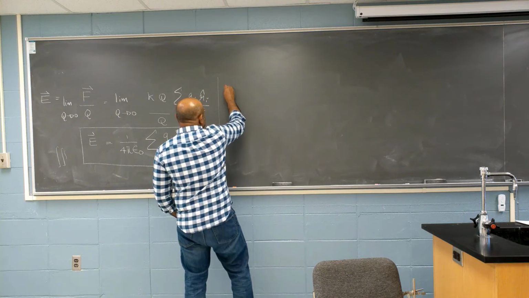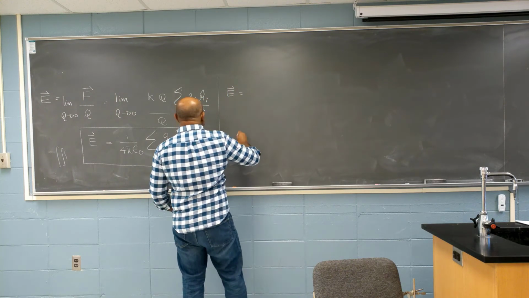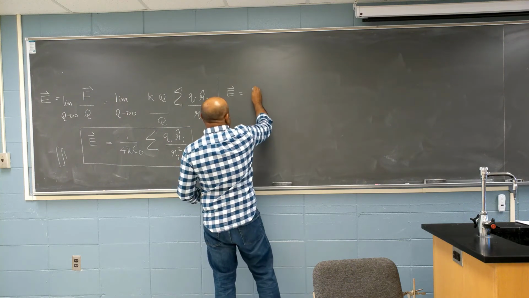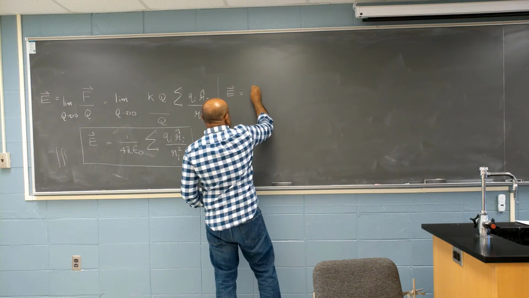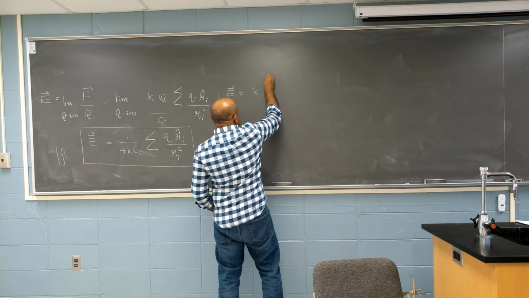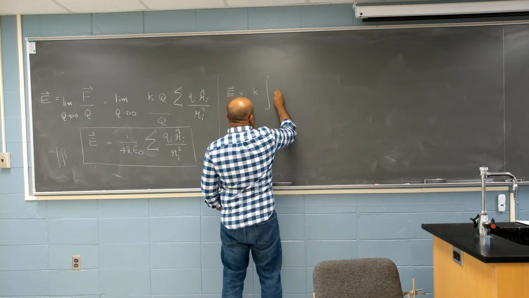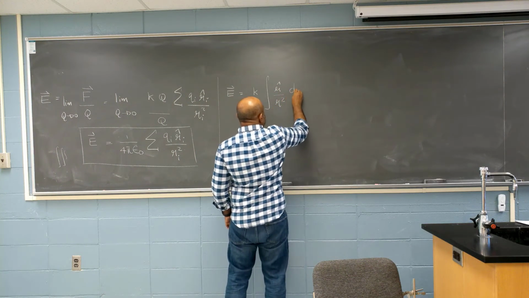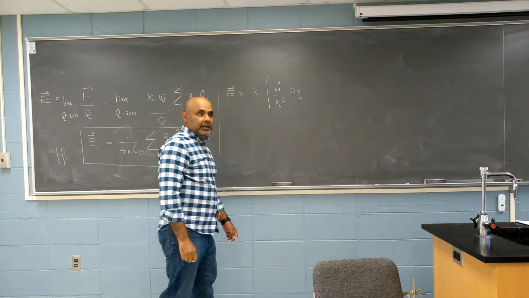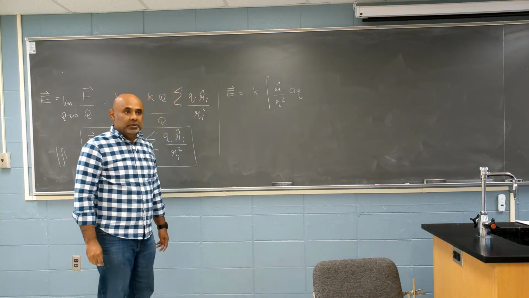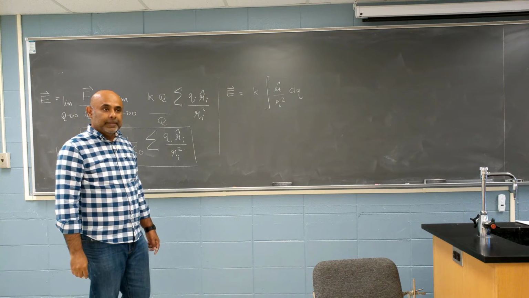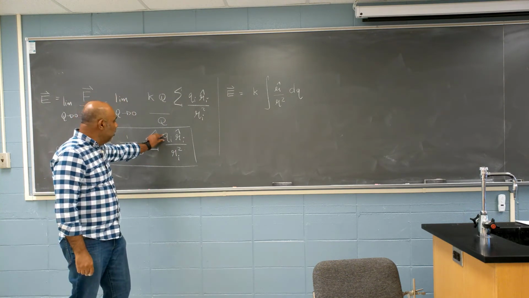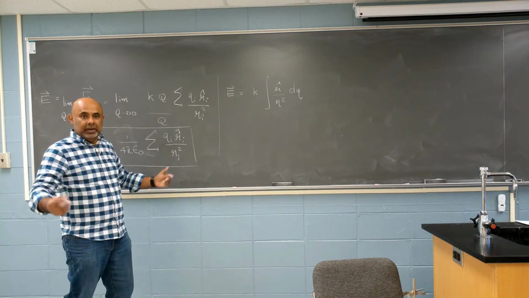In general, I will write it as K, r hat over r squared, dq, and integrate over all surfaces. This becomes the integral, with the small charge dq, and then you integrate it.